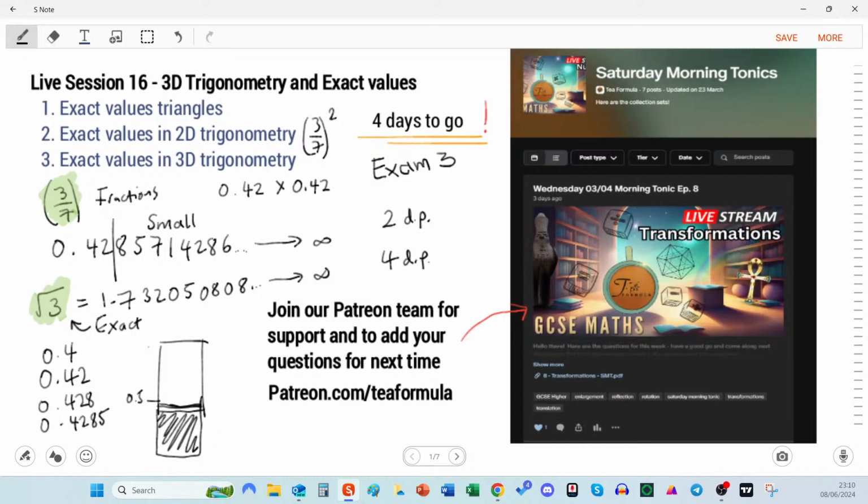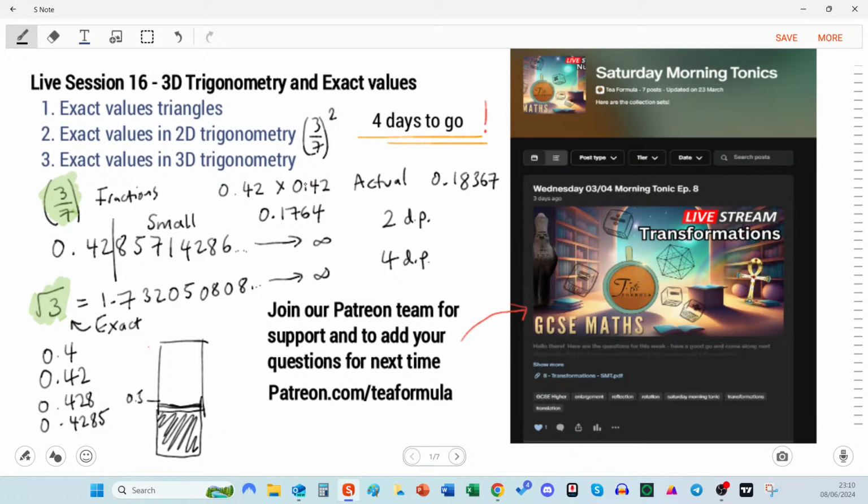So if I do 0.42 times 0.42, I'm at 0.1764. And comparing that to 3/7 squared, 3/7 squared is actually 0.18367.